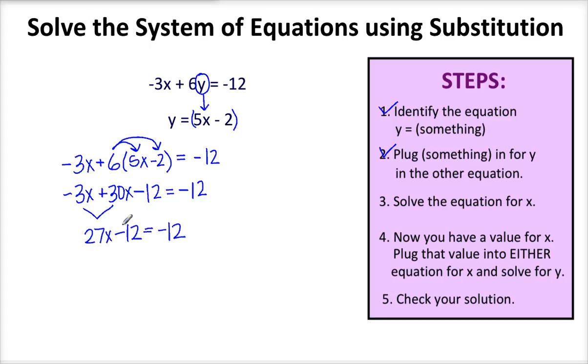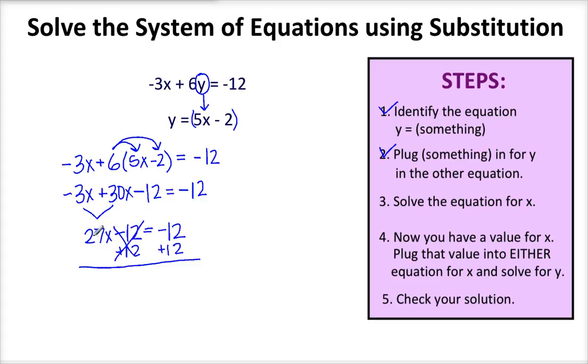Okay, now this is simplified as much as it's going to be. So now I can solve this equation for x. I need to get x by itself. So that means this negative 12 is in the wrong place. I need to get rid of it by combining it with its zero pair, which is a positive 12. So add 12 on both sides to keep everything balanced and happy. Negative 12 and positive 12, it's a zero pair.